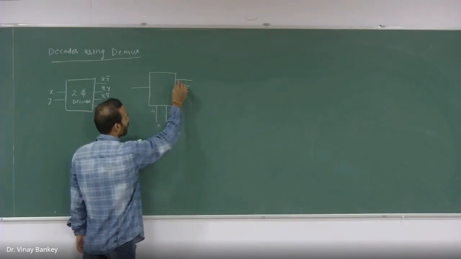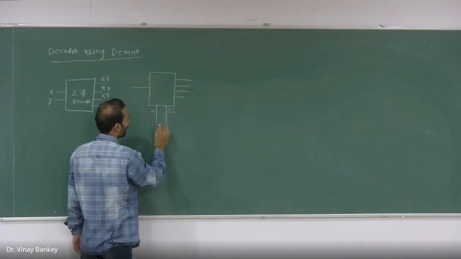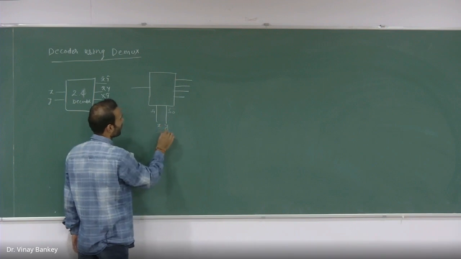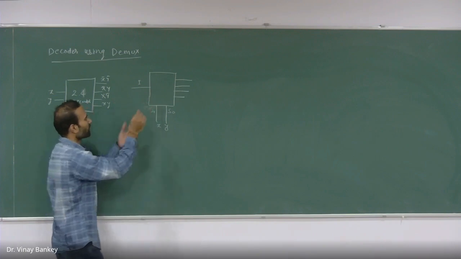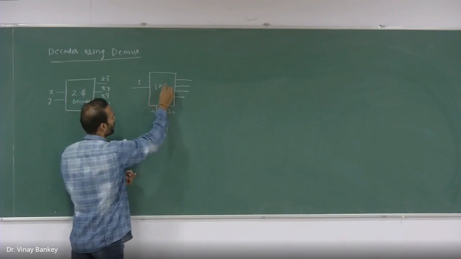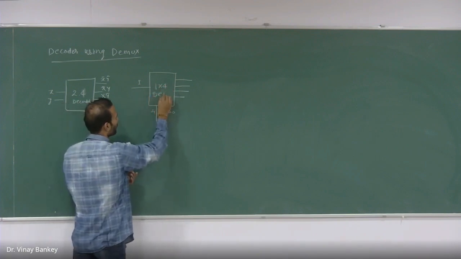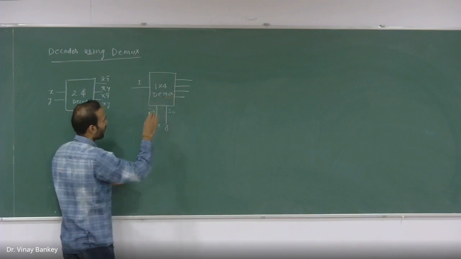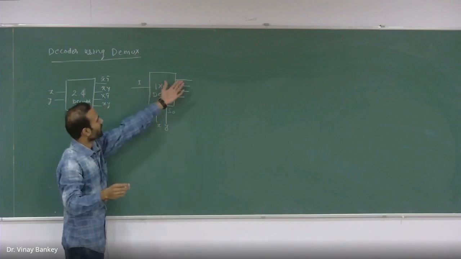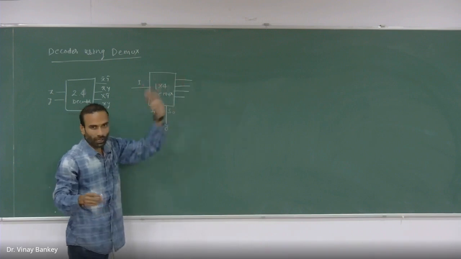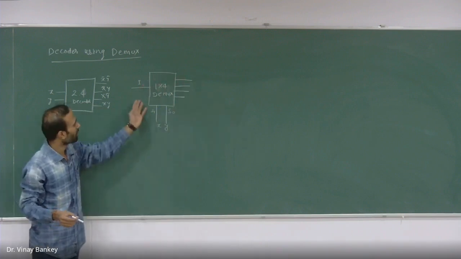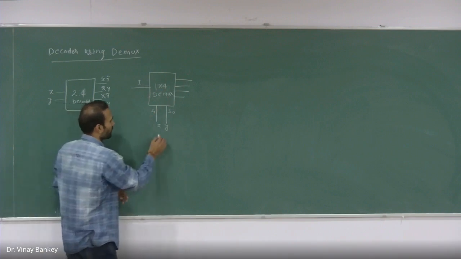Y. So if I say these are the selection lines, whatever input you have at the input of this demultiplexer, this is a 1x4 demultiplexer, according to this, the input will be steered at the output. Let's suppose this is 0, 0.